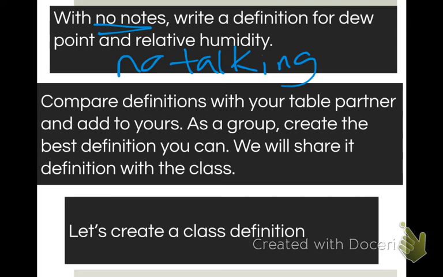Because if one person maybe had a really good dew point definition, but not the strongest relative humidity one, or maybe they started off really strong, but they were missing pieces, this is where you as a group can see what each other was missing and piece together the one whole good definition. You're then going to share that one best definition as your group with the class, so that way we can make sure we have a good class definition based on the things that you have said. So I'm going to let you go ahead and pause this video while you work on that.